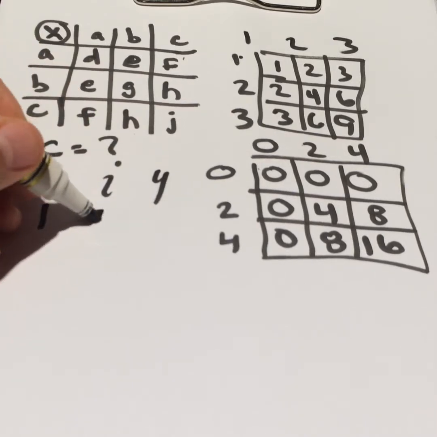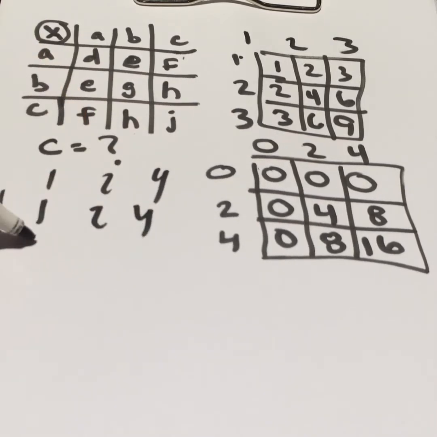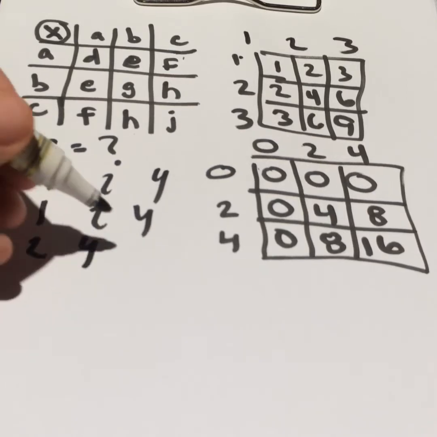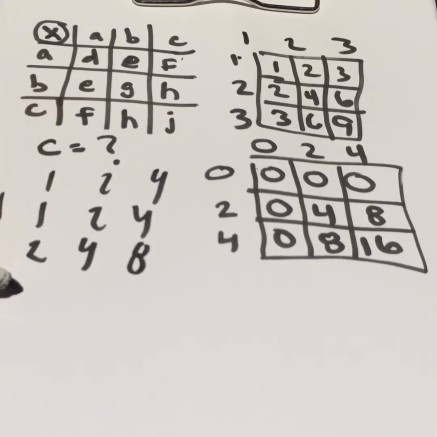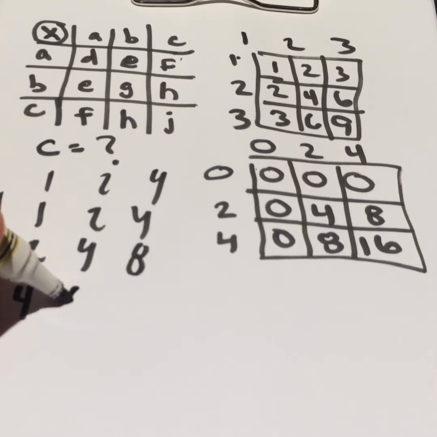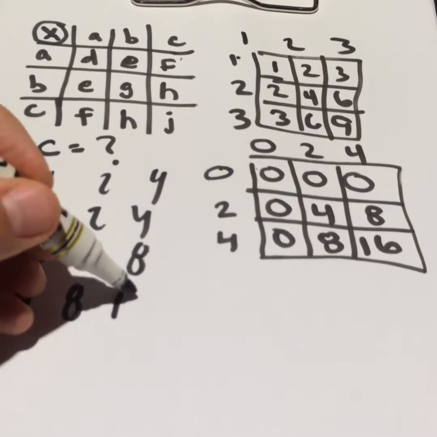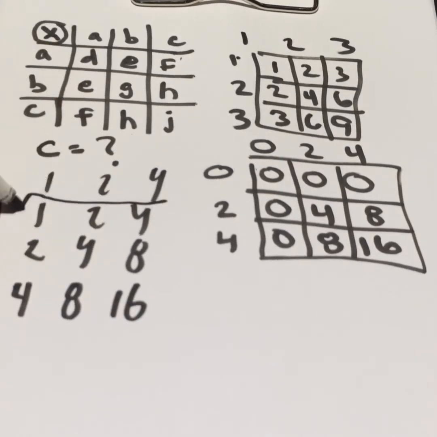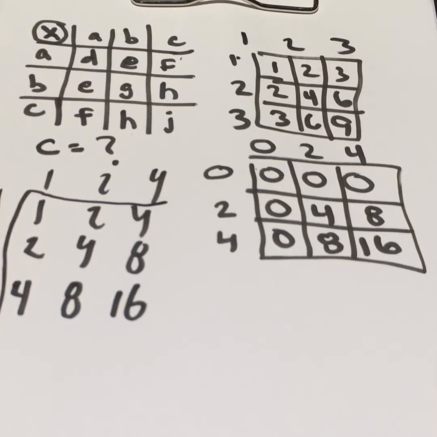That would give us 1, 2, 4, 2, 4, 8, 4, 8, 16 as our matrix. Well, we see we've held to the rule that C equals F. In this case it's 4, but in the other case it's 3. So since we've come up with 2 scenarios, keeping the data statement valid, but getting 2 different values for C, data statement 1 alone is not sufficient.